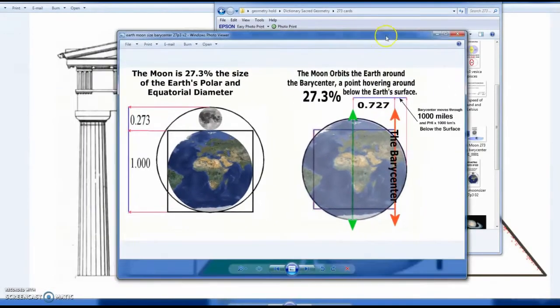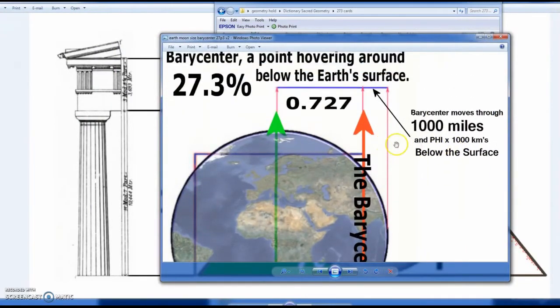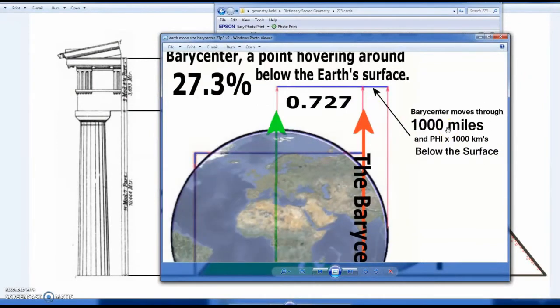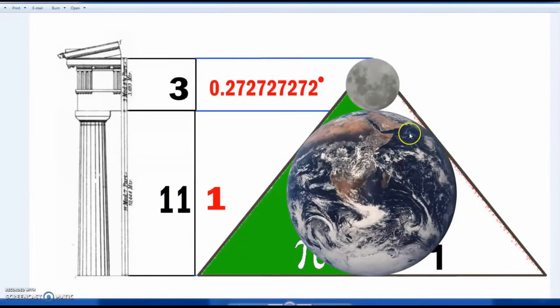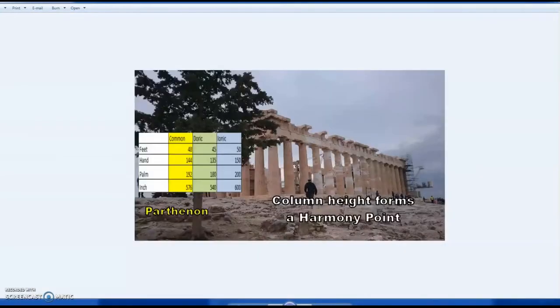So what's the Barycenter? 1,000 miles, and there's a slight wobble in that, but you'd be accurate to say either the Barycenter is 27.3% below the Earth's surface, or 1,000 miles, or 5,000 kilometers. So that's how another aspect in regards to circling the square and the Great Pyramid ratio emerges.